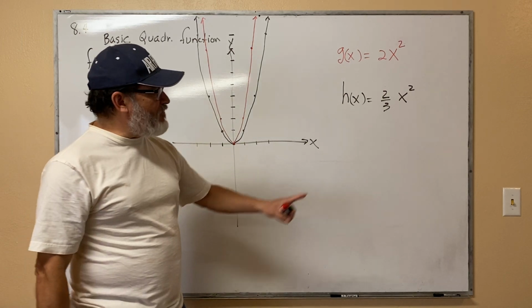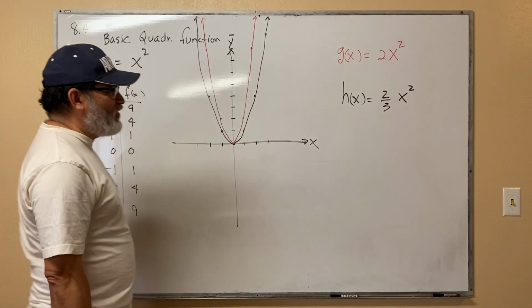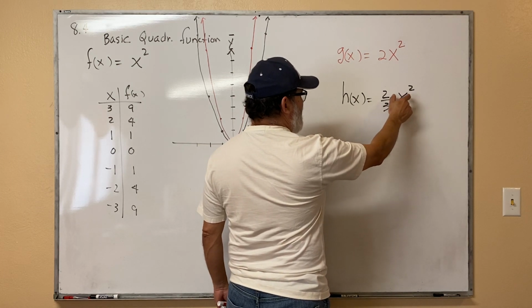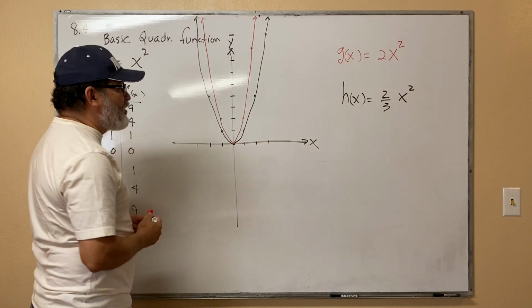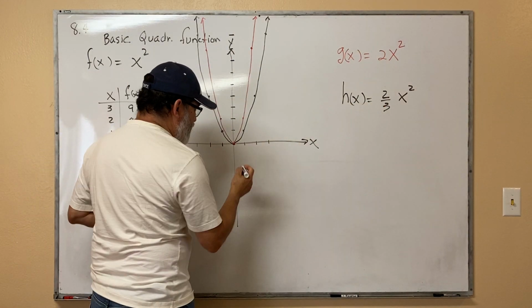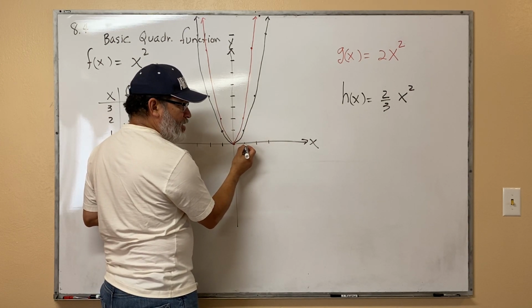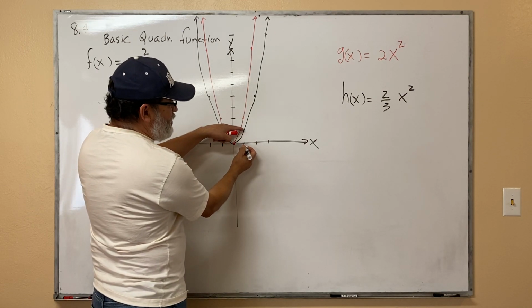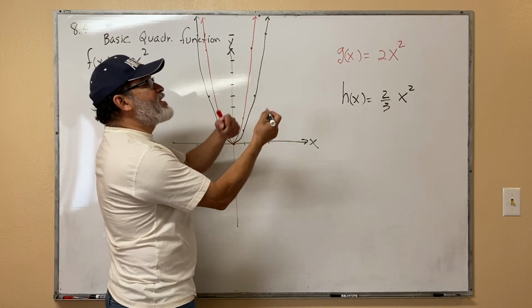Let me show you how to graph this one. So just think of the basic parabola multiplied times 2/3. Okay, very good. So to graph this, one's to your right, and if it was the basic parabola, one up. Now you're going to take that 1 and multiply times 2/3.